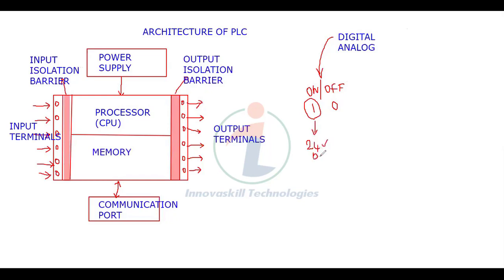This is what I have mentioned as working voltage. PLC's working voltage will be mostly 24 volt DC for digital. If it is on, it will receive 24 volt, otherwise it will receive 0 volt. Off means 0 volt.